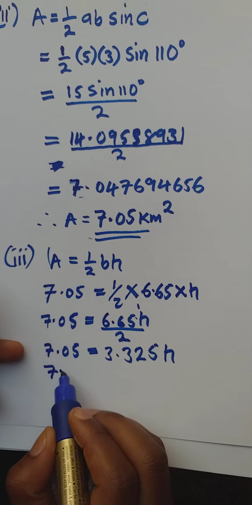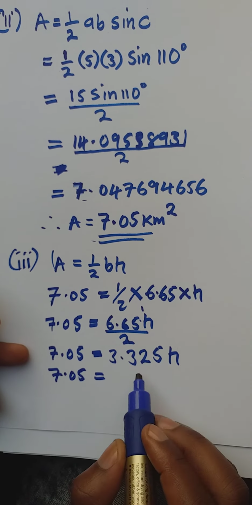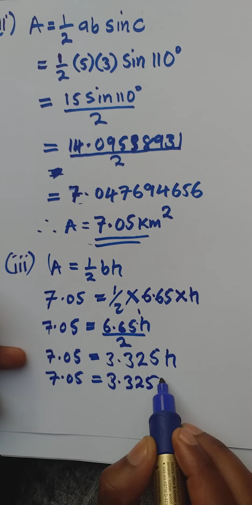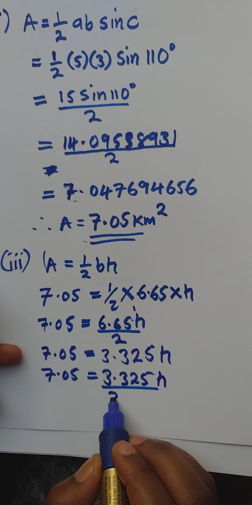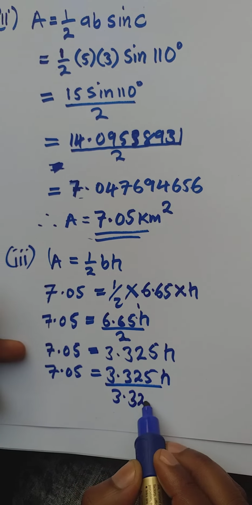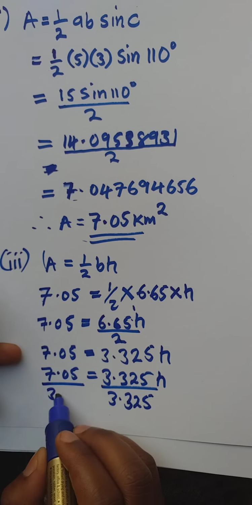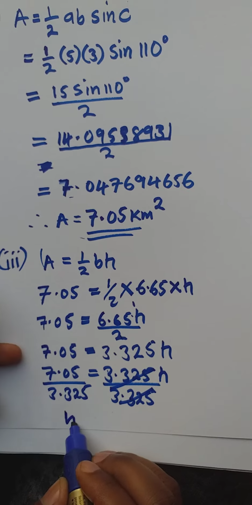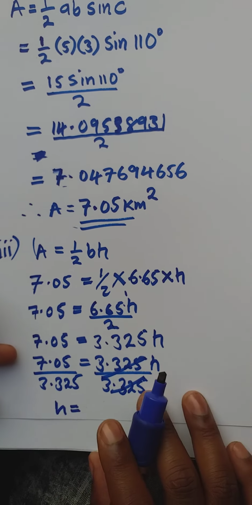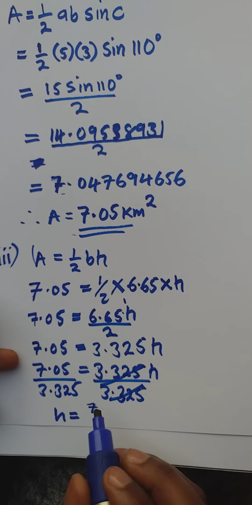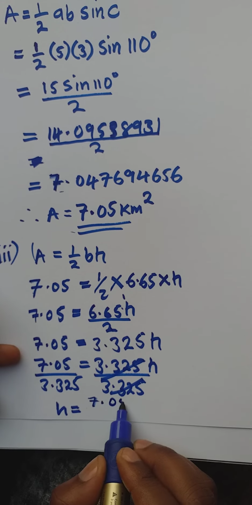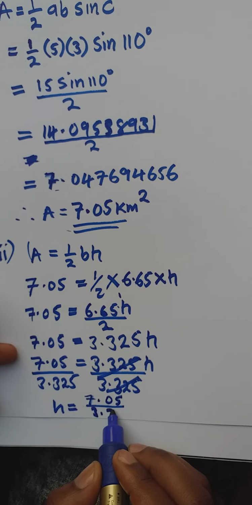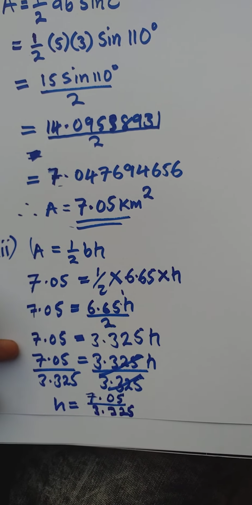And then since the idea is to find the shortest distance, 3.325 h, we're going to divide by 3.325 over 3.325. We cancel, we get h equals 7.05 over 3.325.